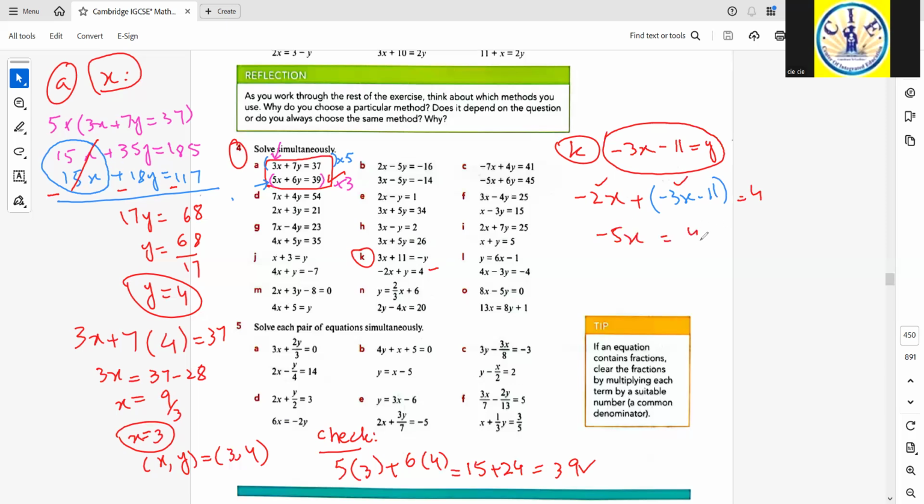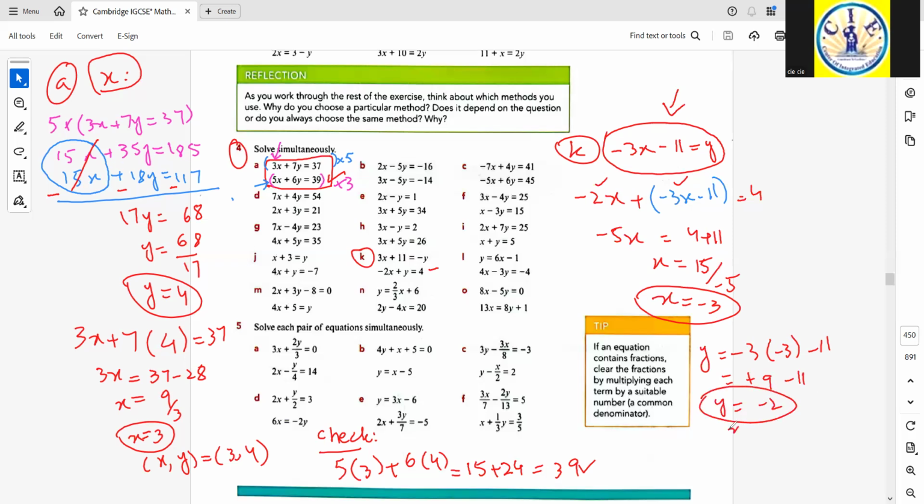And then 4 plus 11, that is 15 divided by negative 5. The value of x is negative 3. And replacing now this value into this relation, the value of y is negative 3 times negative 3 minus 11, positive 9 minus 11, so negative 2.